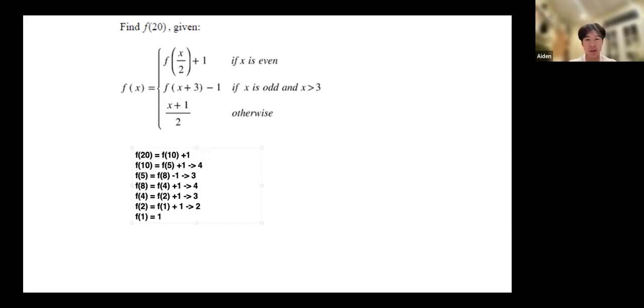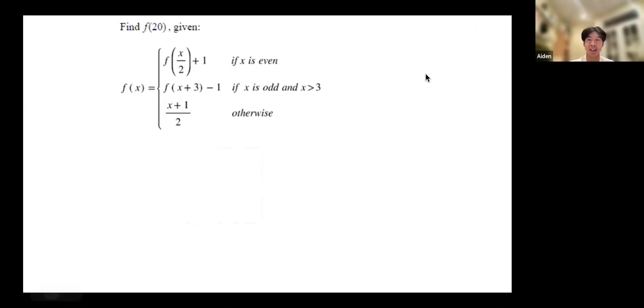And 4 plus 1 is 5, which leaves us with 5 as our final answer right here. So those of you who said 5, you are correct. Okay, we can move to the next question now.